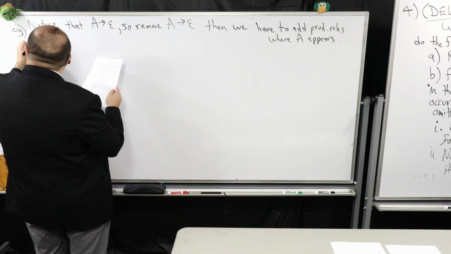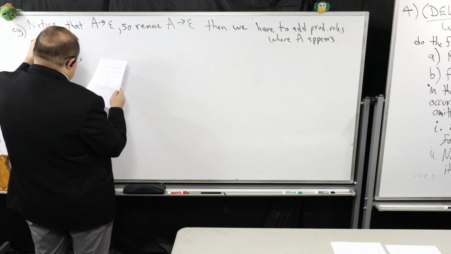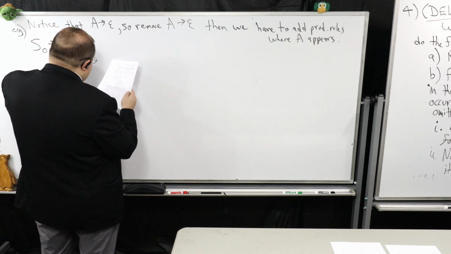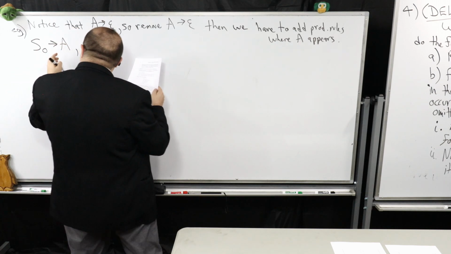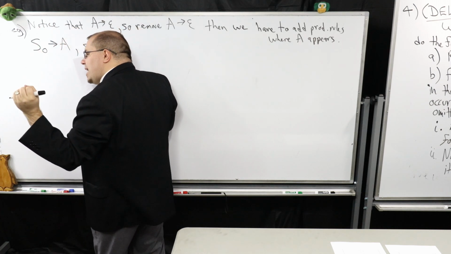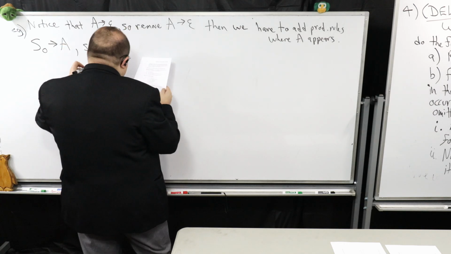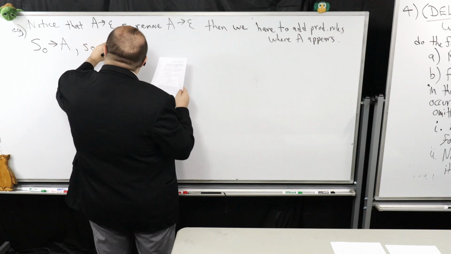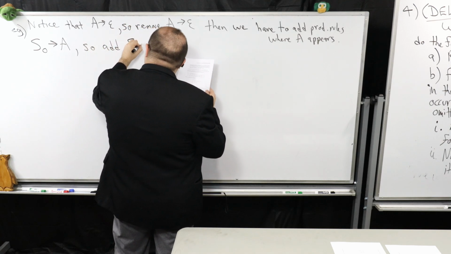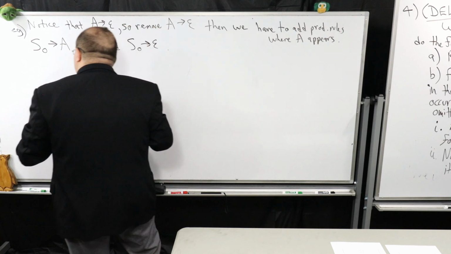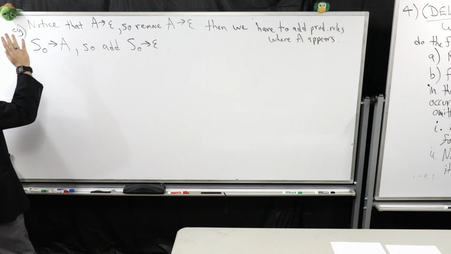So the first one, of course, is where we had the start symbol, right? Well, we had this one, right? So what we're going to do is imagine we take away the A. That means that we have to put epsilon there because I've deleted all the symbols. So add S0 produces epsilon. Now remember, S0 produces A will still be there.